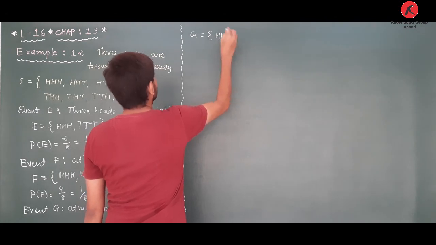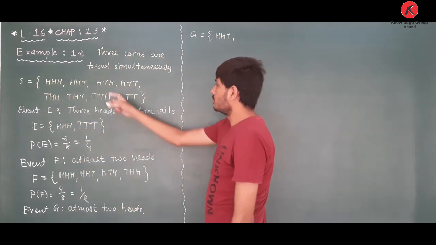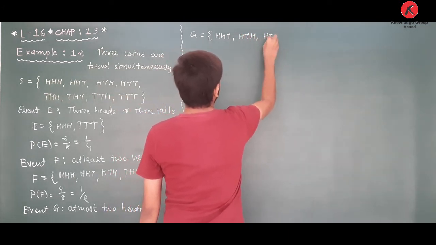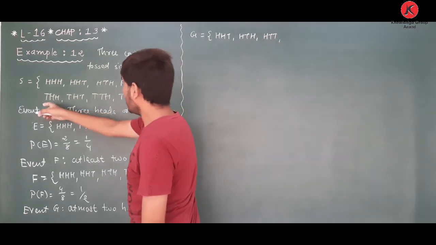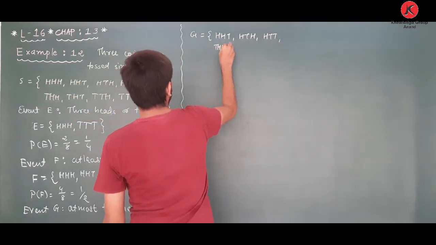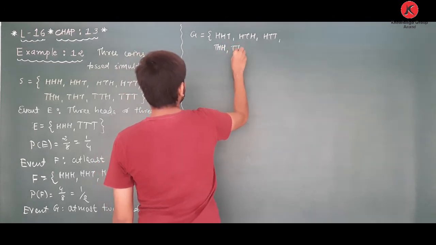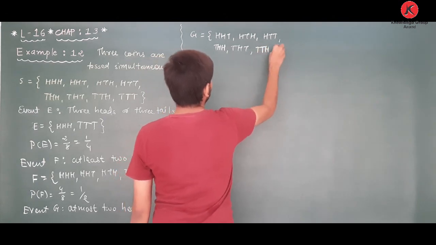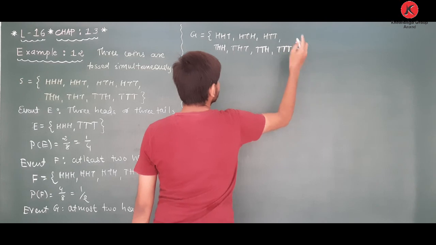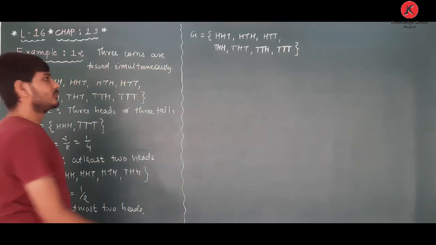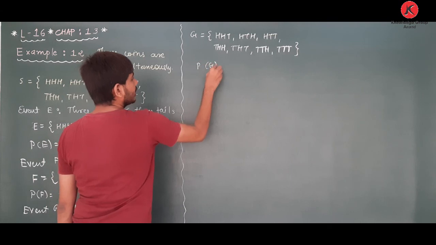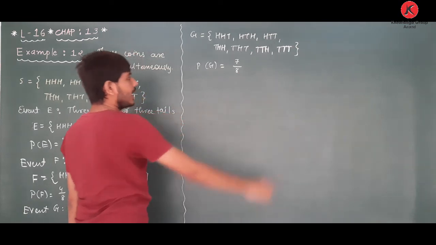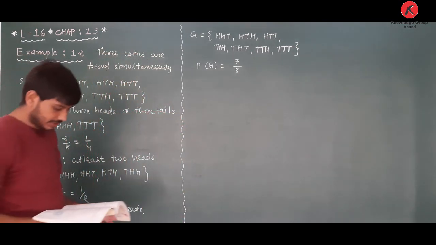H H T, H T H, and so on, and 1 head is also allowed. T T T is also in this case. Therefore the probability of event G is favorable outcomes 7 divided by 8.